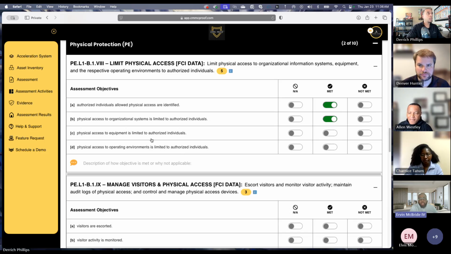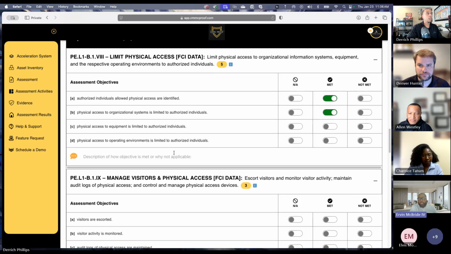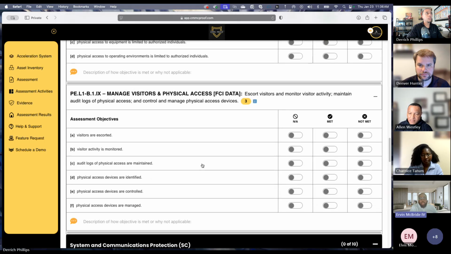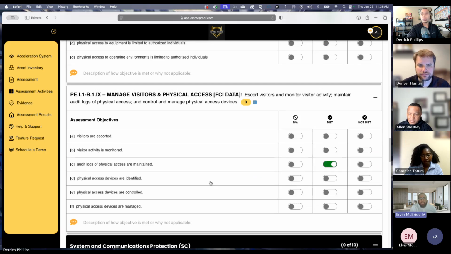Sure. Regarding visitors and physical access devices, they're identified through software.